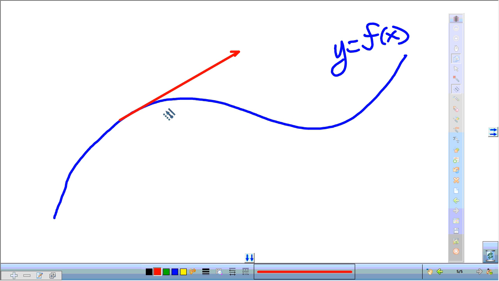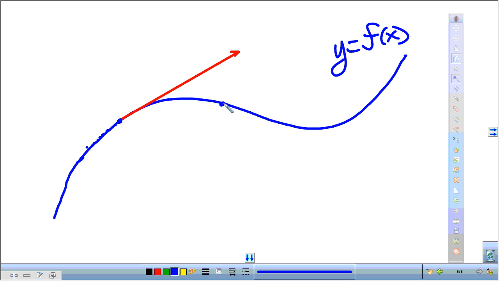So at each point on this curve, look, what direction are you headed at that moment? So if you're walking along here, at this point, what way are you facing, which is off in this direction? That will change, though.